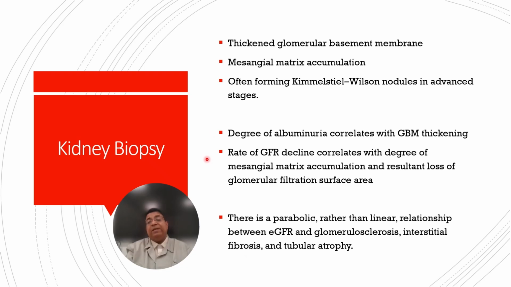Rate of GFR decline correlates with the degree of mesangial matrix accumulation and resultant loss of glomerular filtration surface area. There's a parabolic, not a linear relationship between glomerular filtration rate and glomerular sclerosis, interstitial fibrosis, and tubular atrophy.